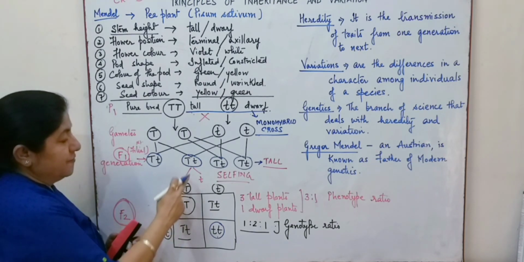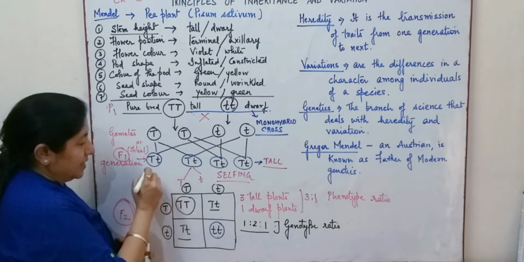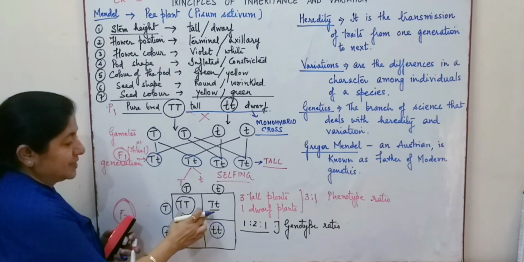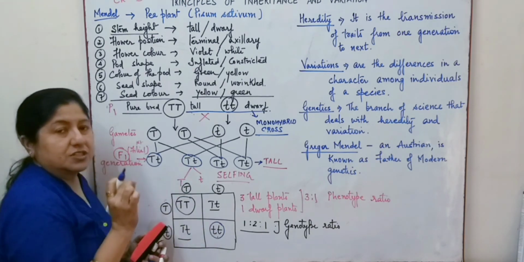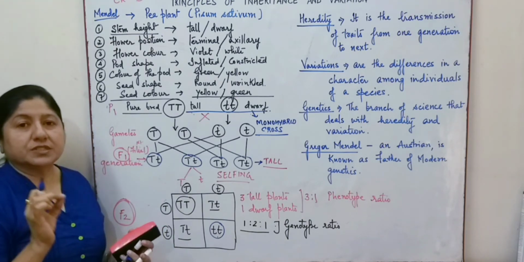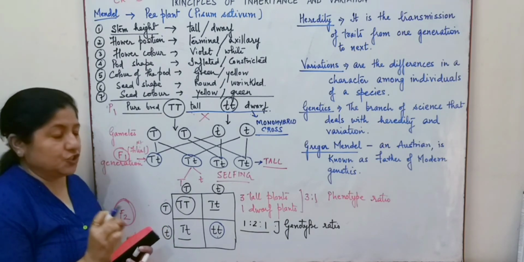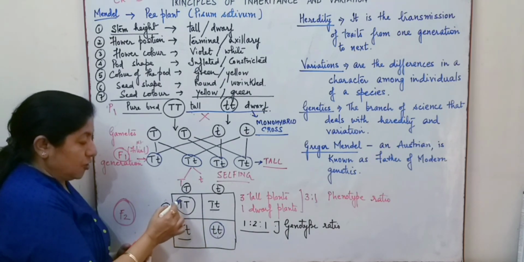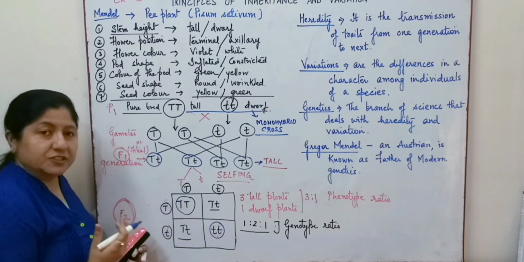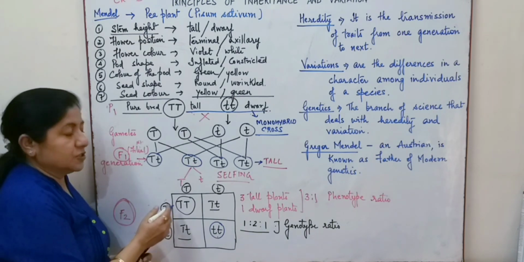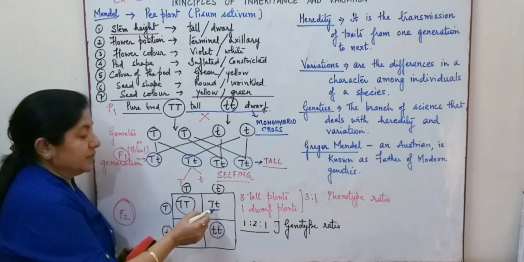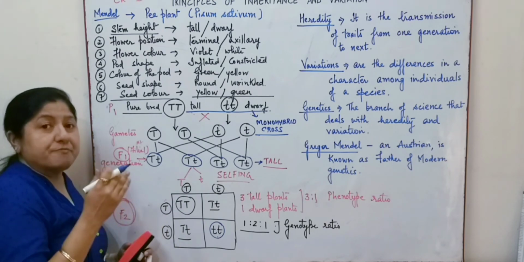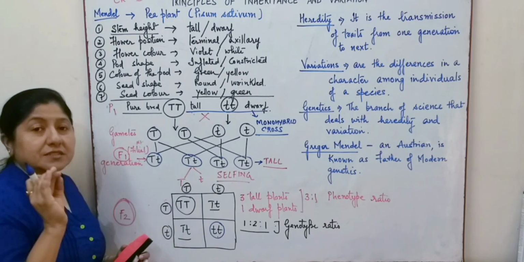Here again, we find that if the dominant gene is present, the characteristic governed by a recessive gene will not be able to express itself. So the one which is expressing the trait is known as the dominant gene, while the other remains hidden.